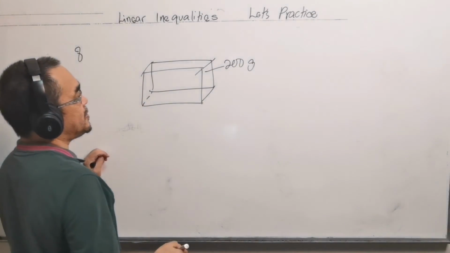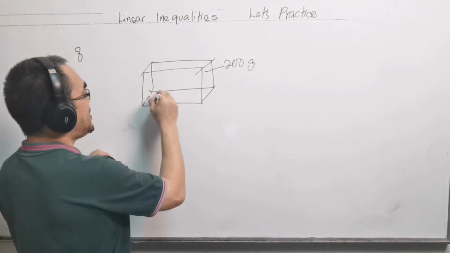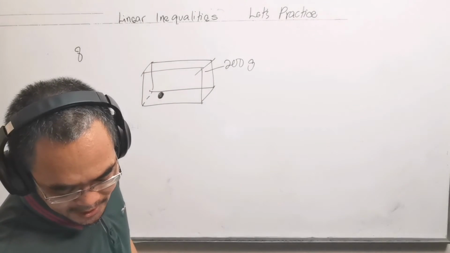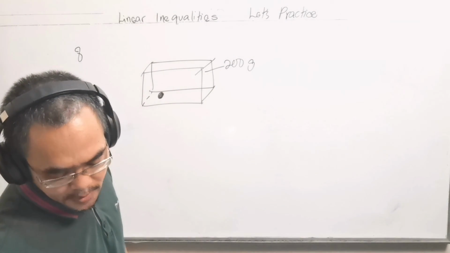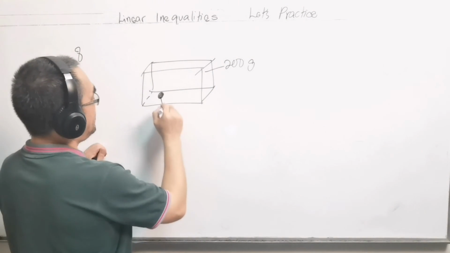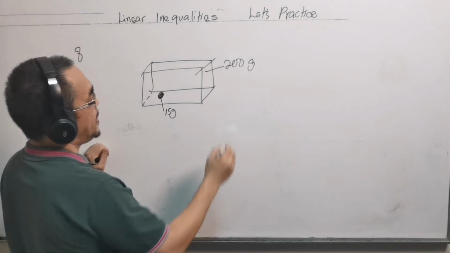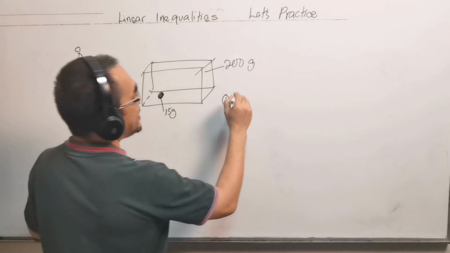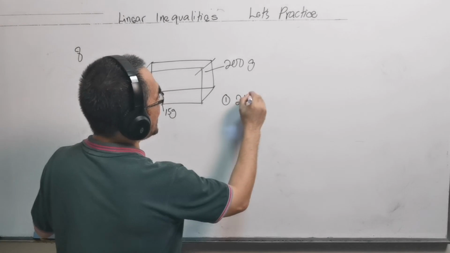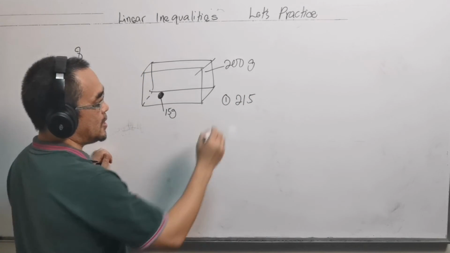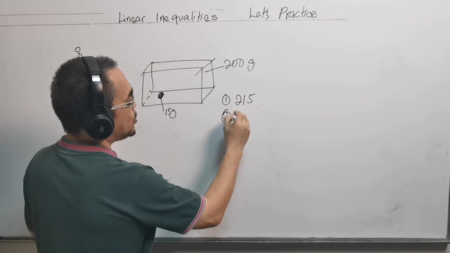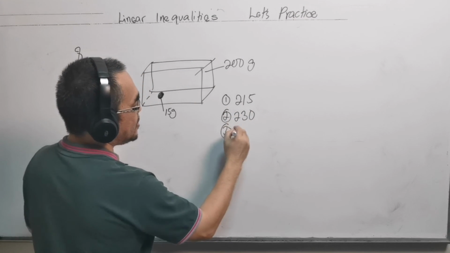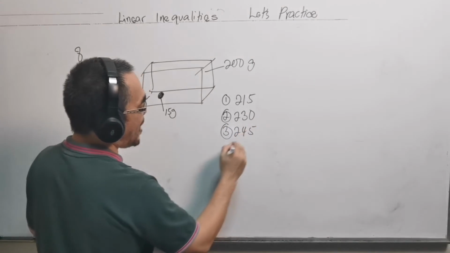So when you put one metal sphere here, the metal sphere is 15 gram. If you put one metal sphere, it becomes 215. If you put 2, it will become 230. Put 3 will be 245.